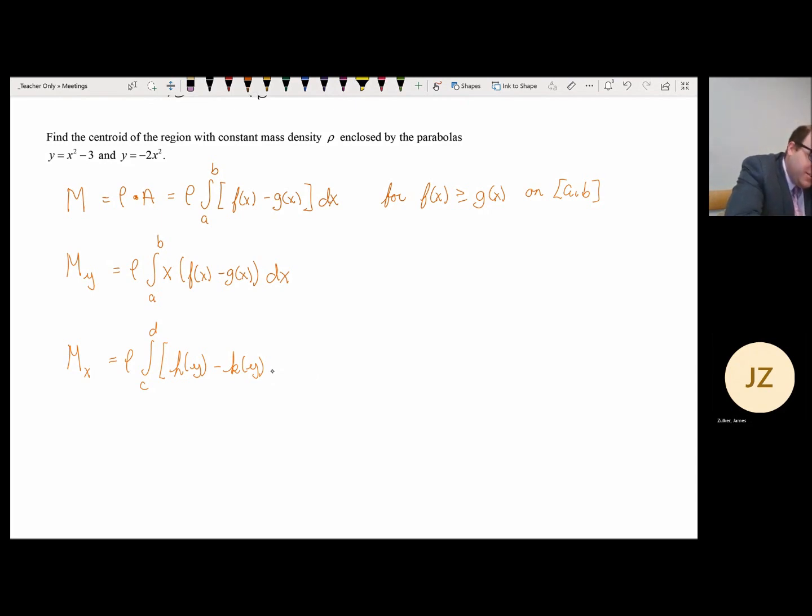Oops, I forgot the y in there. Then it's the same. So you're going to redefine your interval, c to d. Remember, that's an interval for y. And it's the integral from c to d of y times h of y minus k of y dy. That is a bit of a pain.